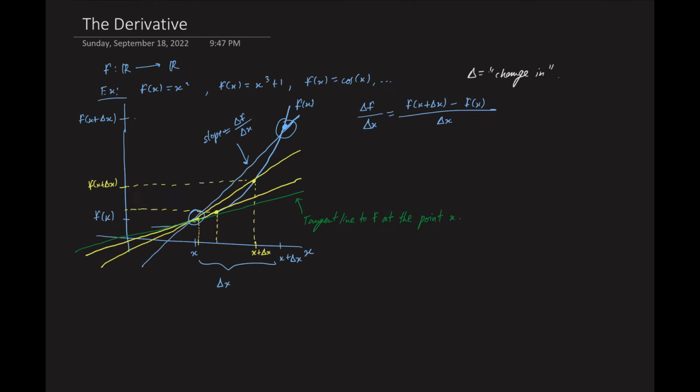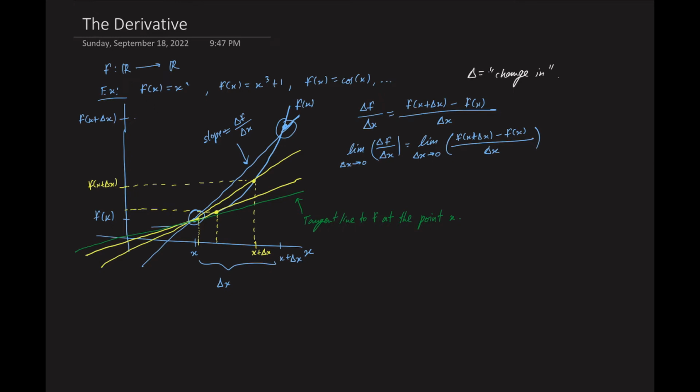So what's happening here? We're saying that the limit as delta x goes to 0 of delta f over delta x, which is the limit as delta x goes to 0 of f of x plus delta x minus f of x all over delta x.